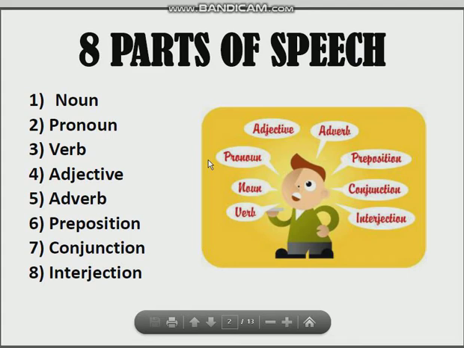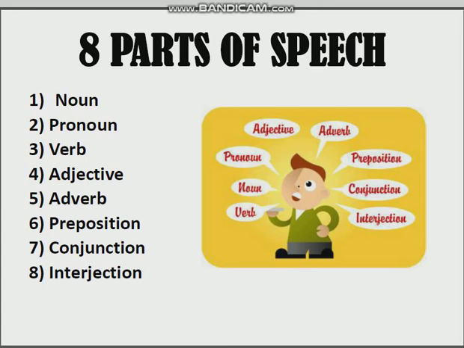I will be talking about all of them in brief, and for a separate description of each I will be making other videos. In this one I am just going to talk about what these 9 parts of speech stand for.